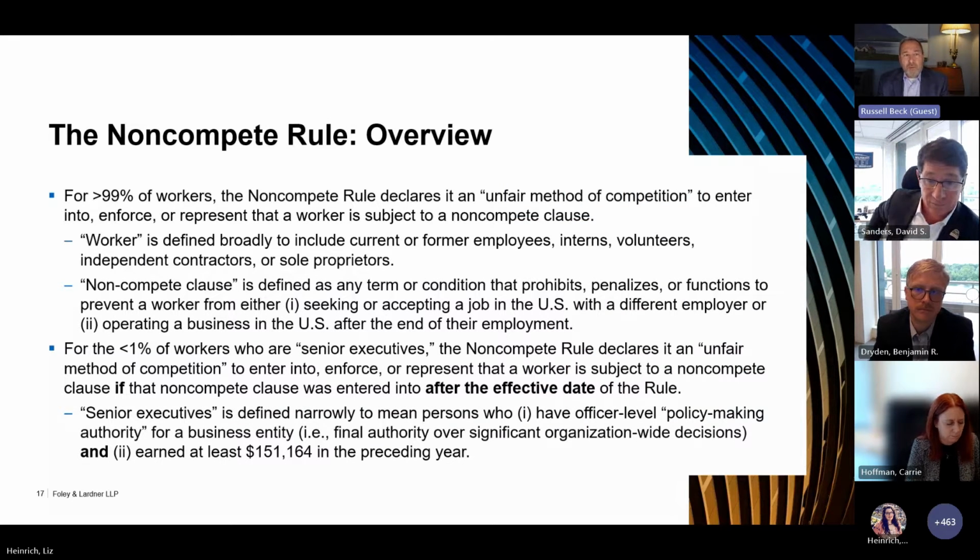So what does the new rule do? And by the way, the new rule, it said on the last slide, was passed by a 3-2 vote. And that's important because the 3 commissioners who voted in favor of it were Lena Khan and the other 2 Democrats. The 3 of them were on the commission at the time that the original notice of proposed rulemaking was promulgated. 2 new commissioners were added, one in March and one in April.